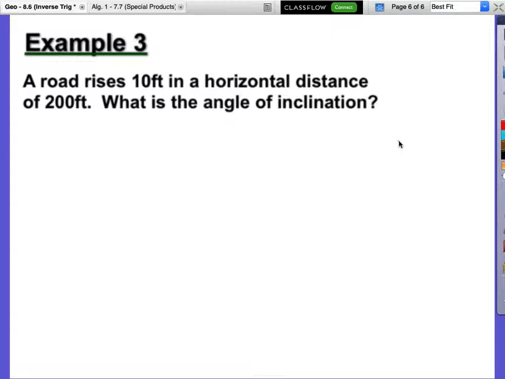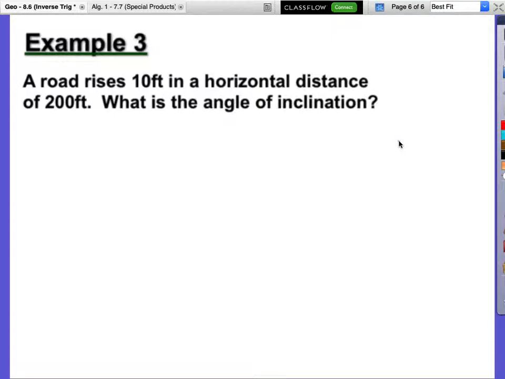We're working on interpreting that word problem, so draw your picture. Maybe sketch it lightly first. What shape are we probably going to end up making? We're probably going to make a right triangle, so that's probably a hint.